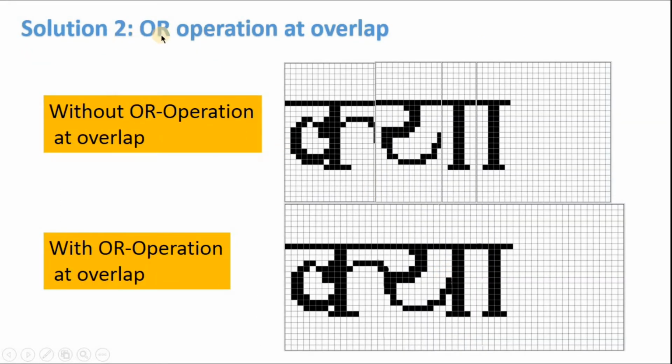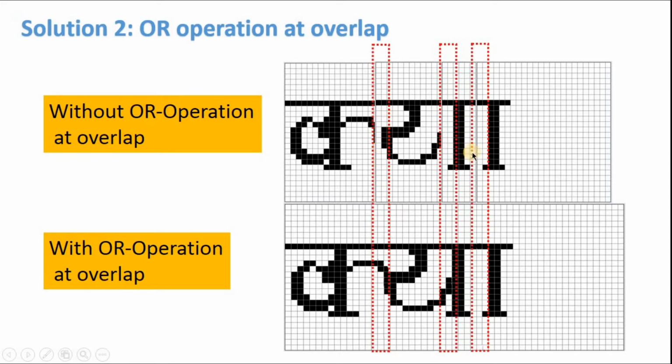So this is solution number 2, OR operation at the overlap. This is how our last method print Devnagari on OLED. This is without OR operation. Here we saw there is overlap, here also overlap, so we will do OR operation at the overlap.